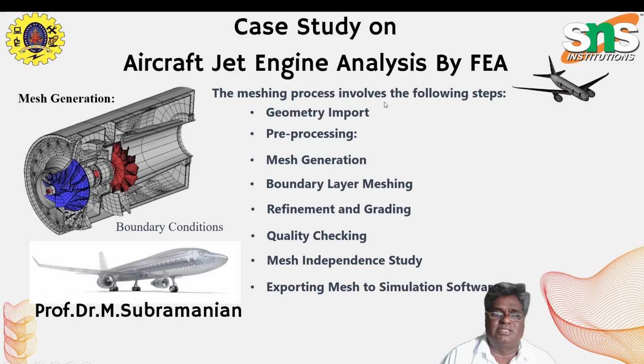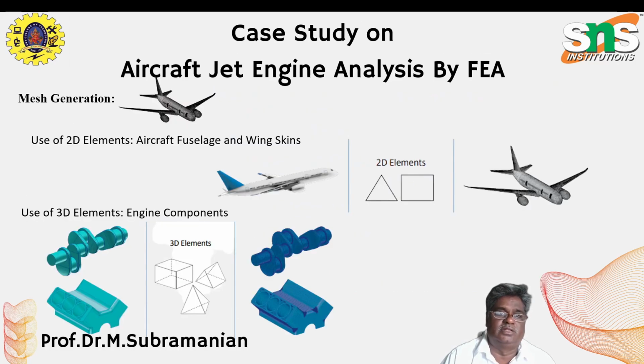The meshing process involves the following steps: geometry import from other CAD packages, pre-processing, mesh generation, boundary layer meshing, refine or adaptive meshing and grading, quality checking and mesh independence study, and exporting the mesh to simulation software for structural or thermal analysis.